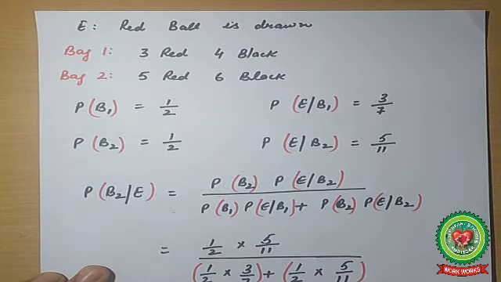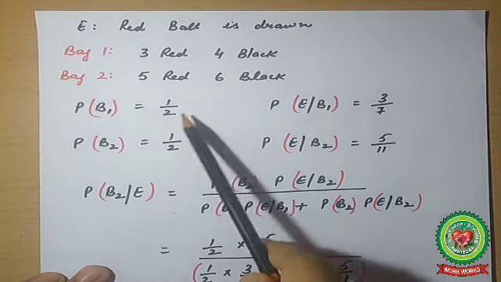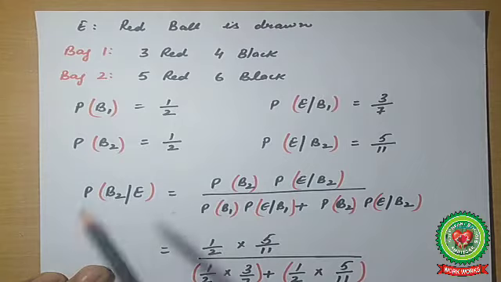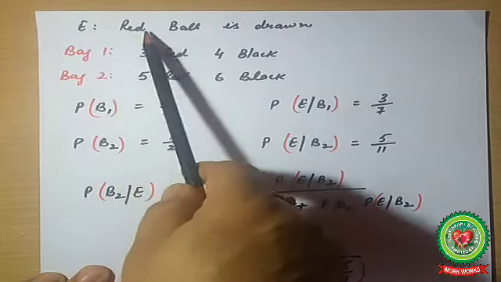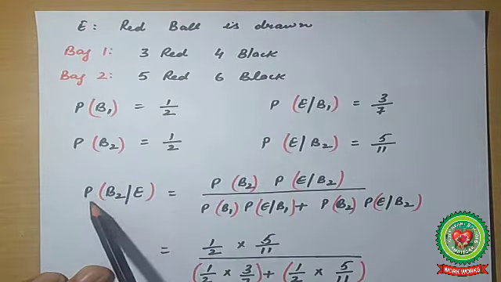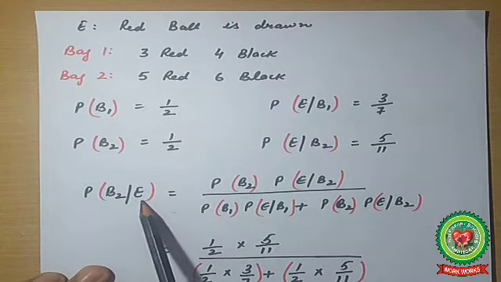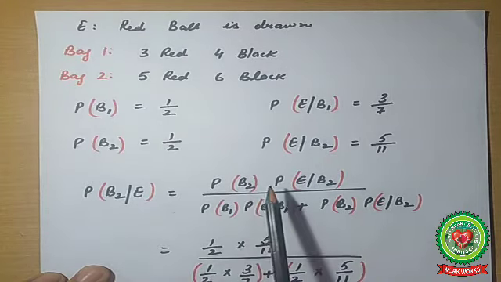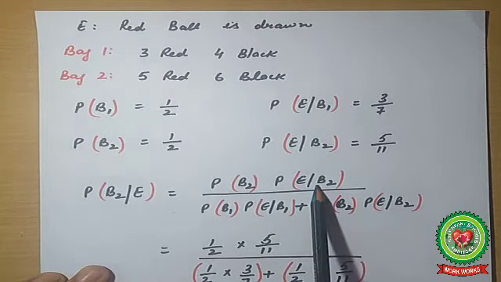Now, because we have to find the probability of the divided event from the second bag with the condition of the E event, which is the red ball, P(B2 with condition E) will be equal to P(B2) into P(E with condition B2).